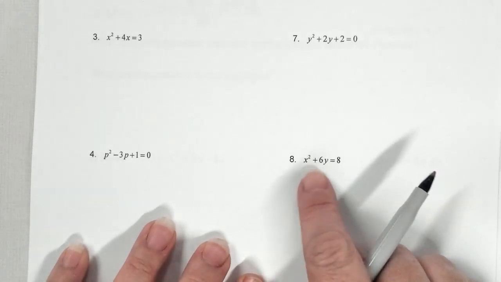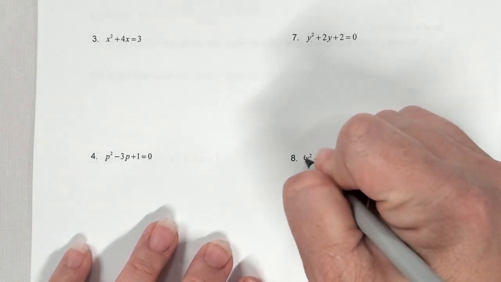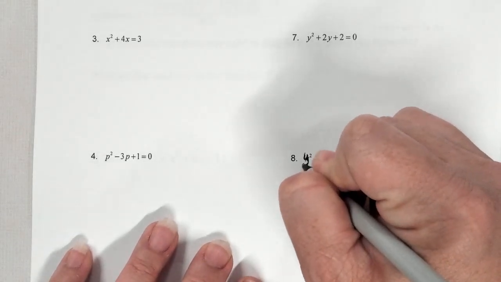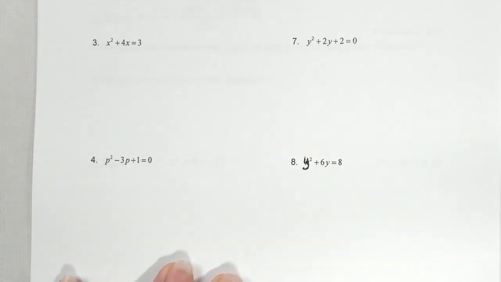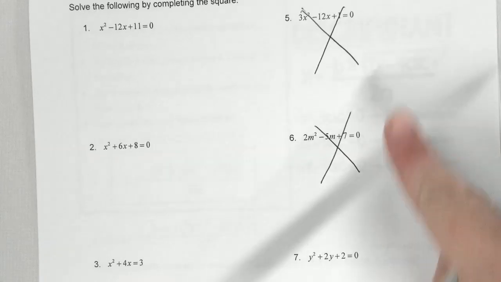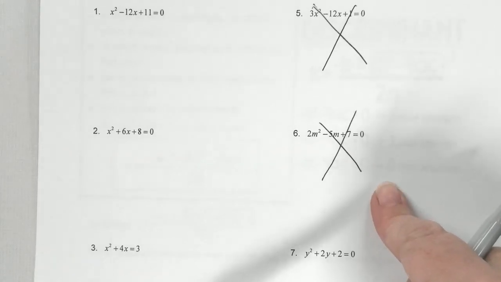And a small fix here is these should both be the same letter. You can make them both Y's. You can make them both X's. It doesn't really matter. That wasn't my bad. Okay, so that's the front fixes. Cross off 5 and 6. Cool? Okay, look at the back.